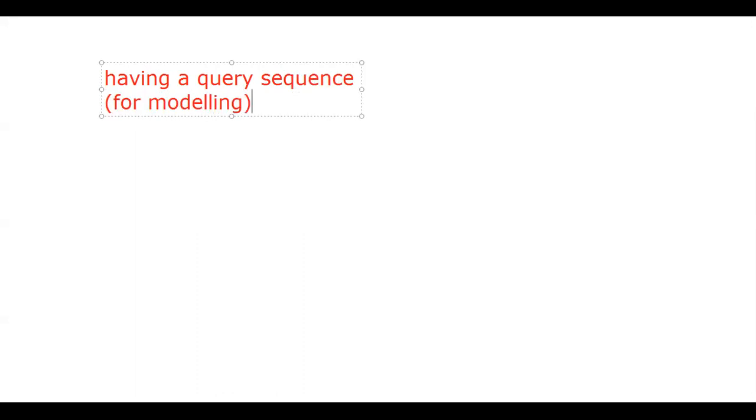So if I write a flowchart of how this is done, the first one is having a query sequence. Query sequence means the sequence that you are going to model, the sequence for modeling.